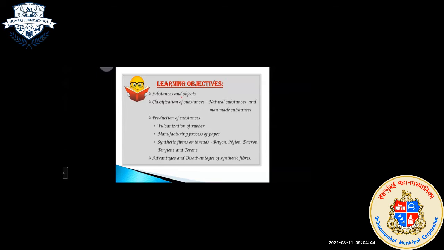And last but not the least, advantages and disadvantages of synthetic fibers. So let's get started.